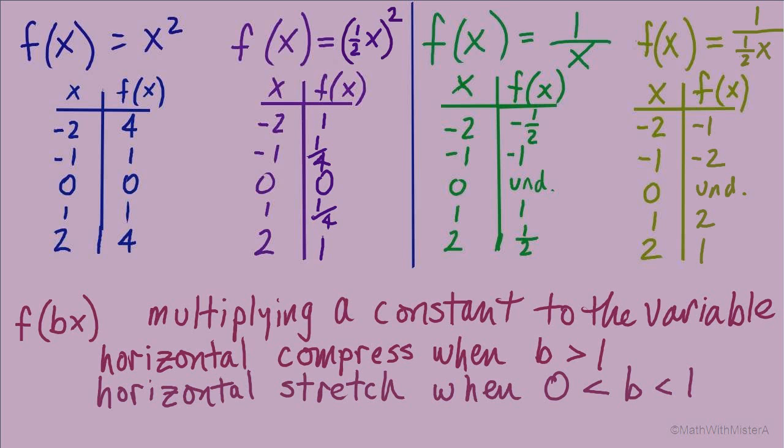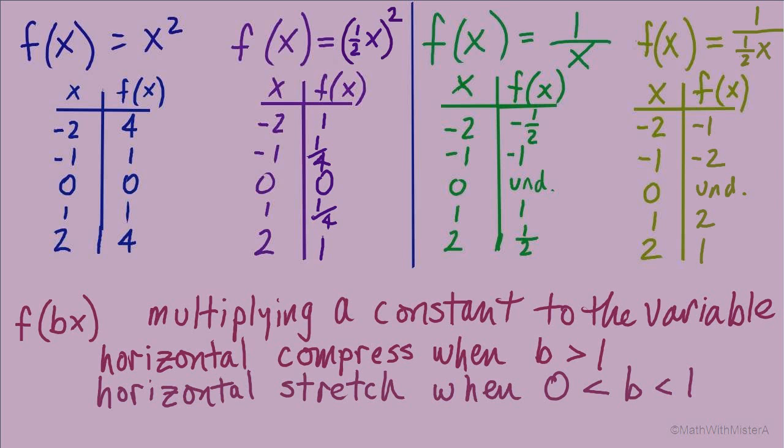A horizontal stretch when we multiply by a fraction. And it really deep down has to do with, since we're multiplying directly to the variable before we do the function, the reciprocal or the exponent of 2, the change is really happening to our frame of reference. We're stretching the axes, the coordinate plane out, or compressing it. And when we multiply by a fraction, we are condensing the coordinate plane.